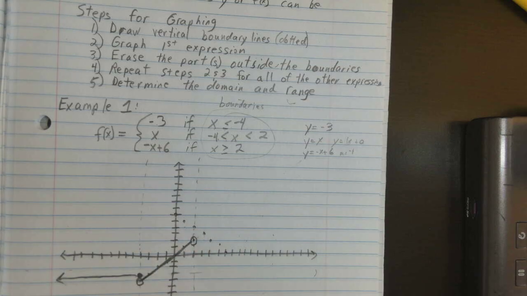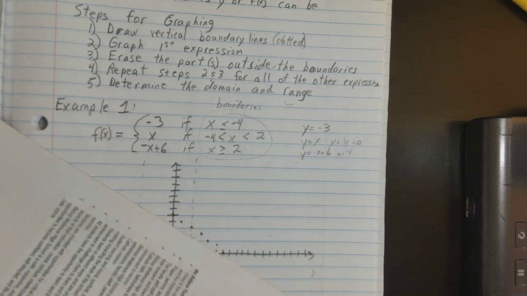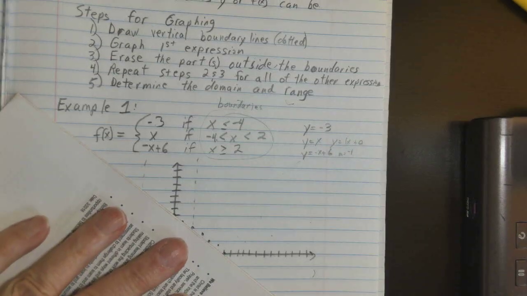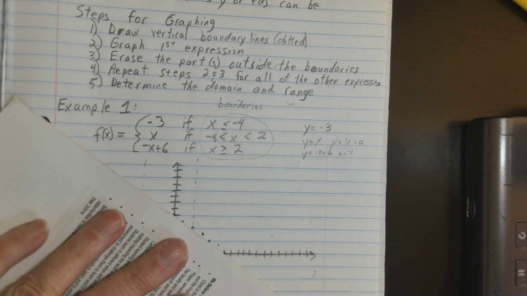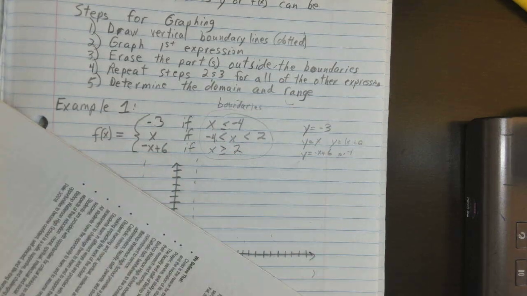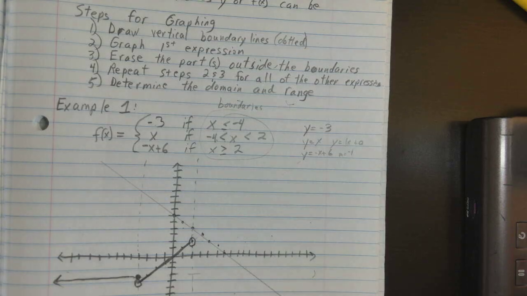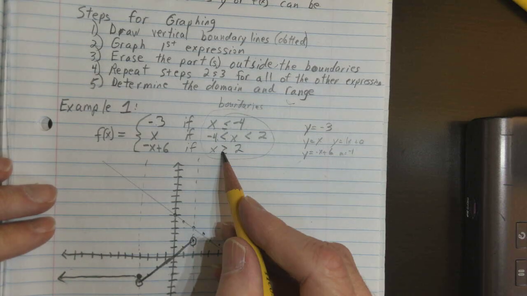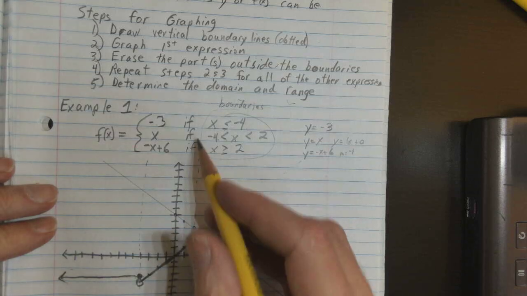Down 1. Okay, pretty good shape here. I'm going to draw the line that we've made here. Lightly. Notice how lightly I'm drawing that. We are only using this line for x is greater than or equal to 2.